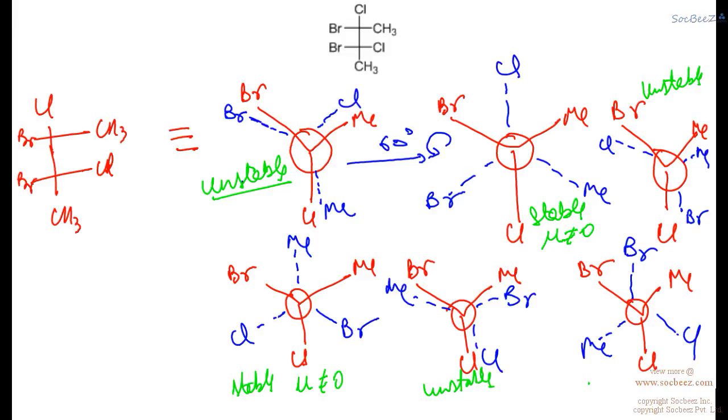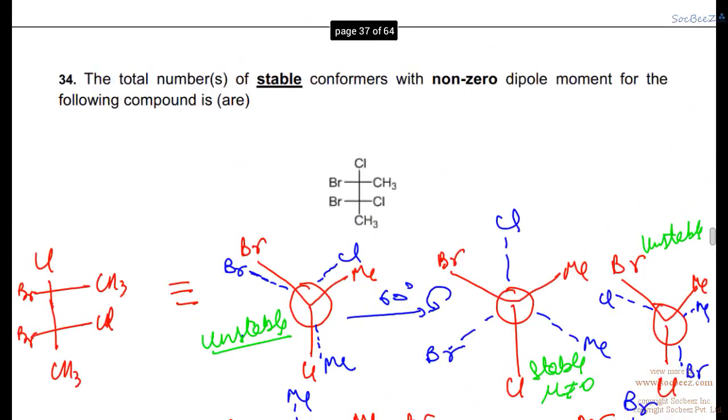This is unstable and this is stable with mu not equal to 0. These are the stable molecules in their staggered form, and the unstable molecules are in their eclipsed form. So the correct answer in this case is the answer 3.